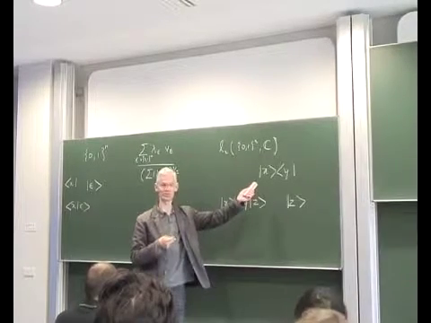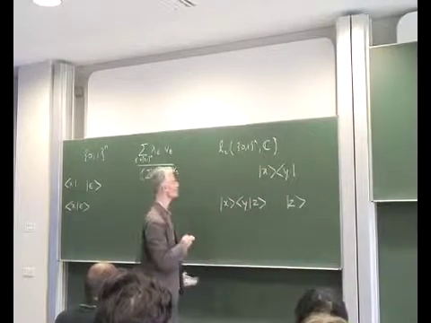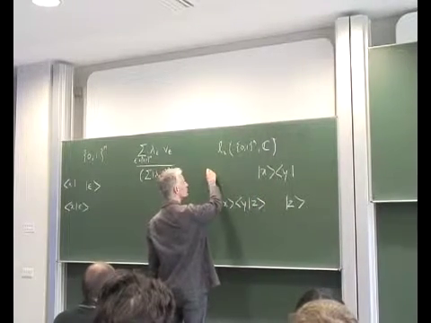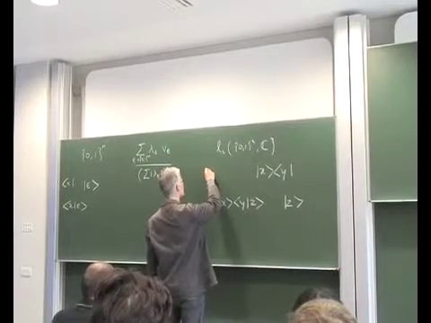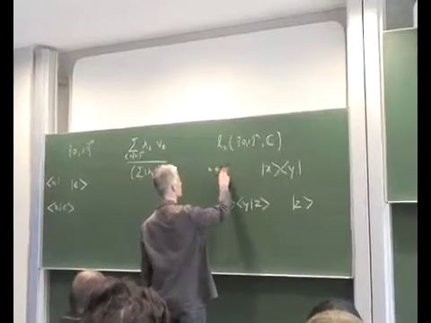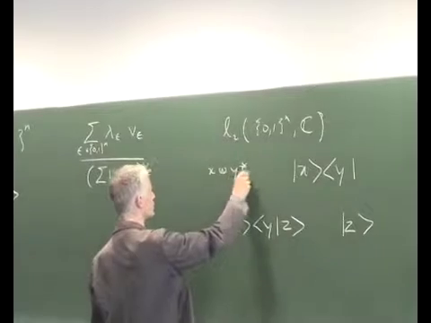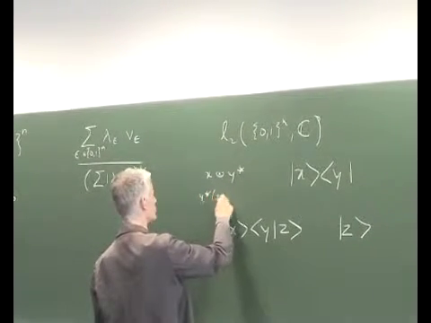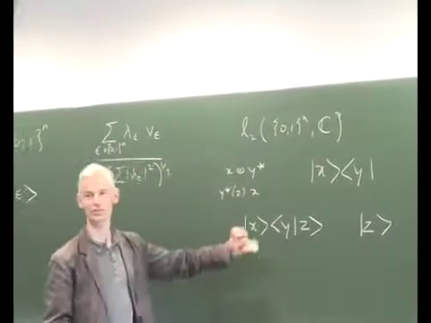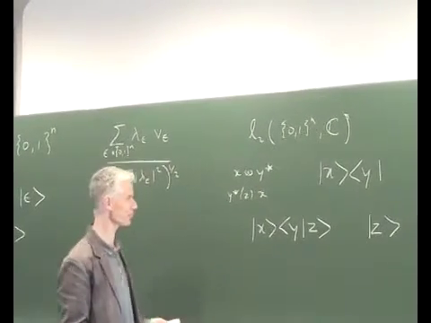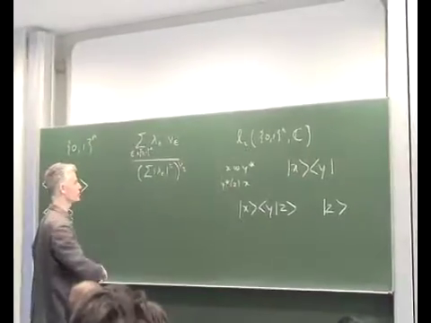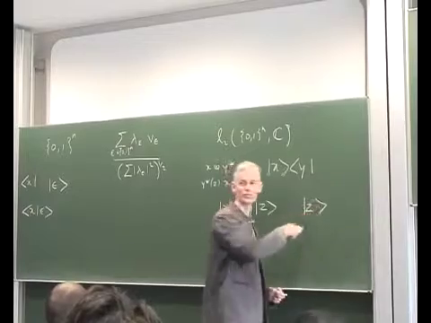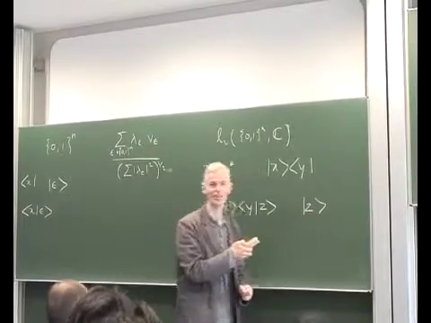Pure mathematicians have a different notation for this. They might say this is the operator x tensor y star, and x tensor y star applied to z gives you y star of z times x. It's just a different notation for the same sort of thing. But as I say, that's just a little remark to explain why this notation isn't totally crazy. But we'll be using it.